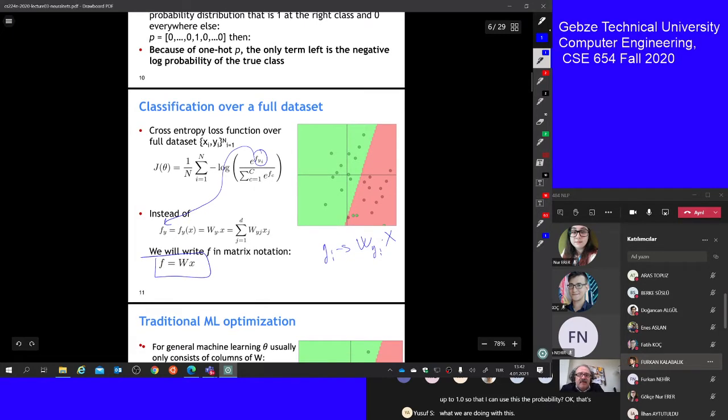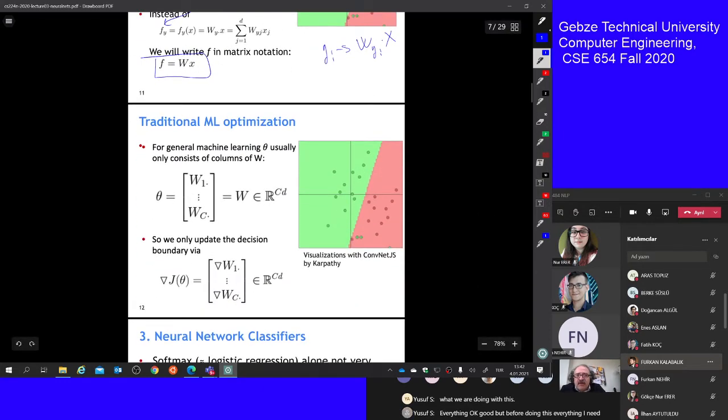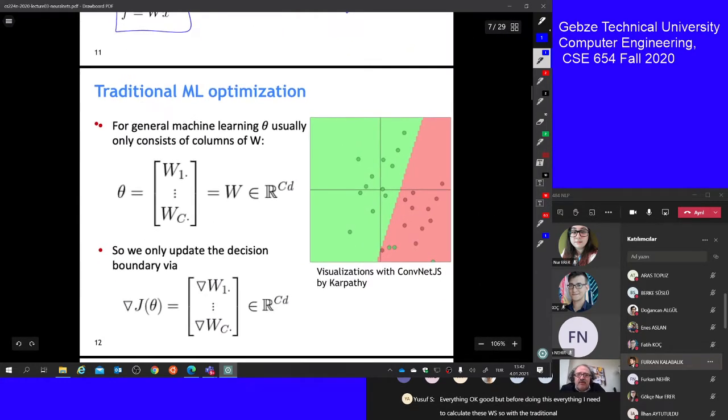Okay, good. But before doing this f thing, I need to calculate these w's. So with the traditional ML optimization, those w values, I have c number of rows of w, okay, and I put them one after the other, and w, or my theta, is a c times d dimensional, single dimensional vector. Those are my parameters. Okay, what is the d?